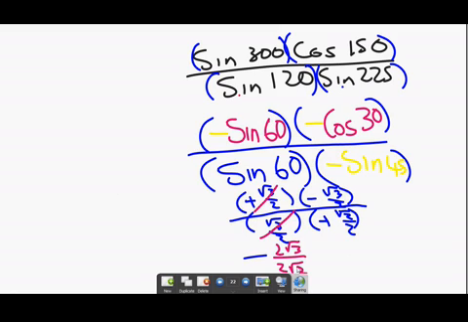Now, there is a certain trick that they use sometimes. They try to trick you by using ratios whereby you won't get the 60, you won't get the 45, you won't get the 30.